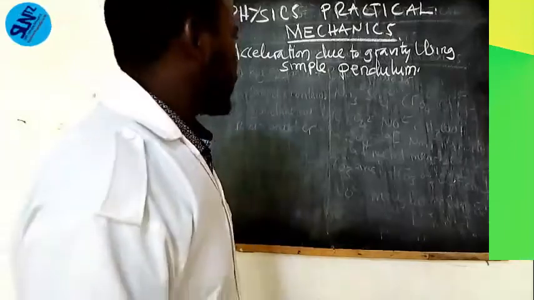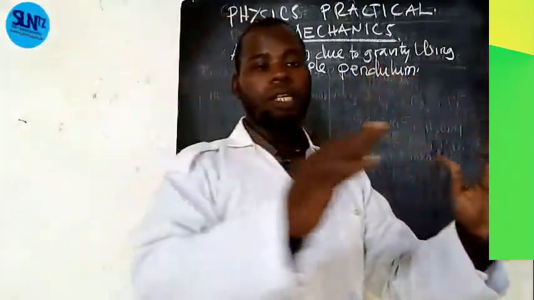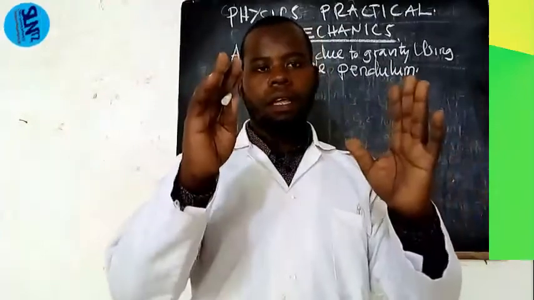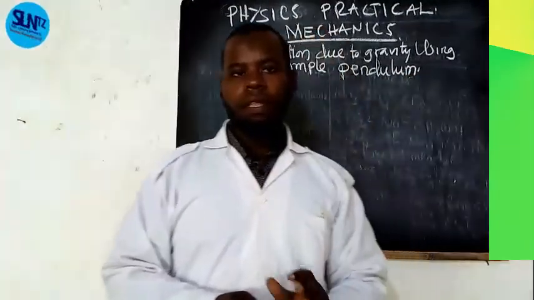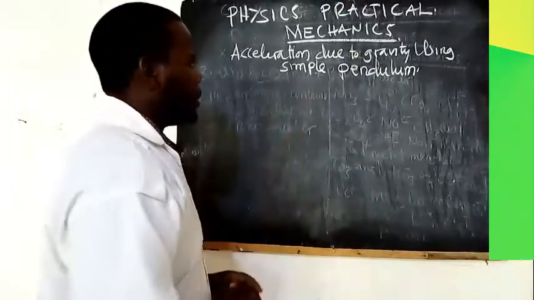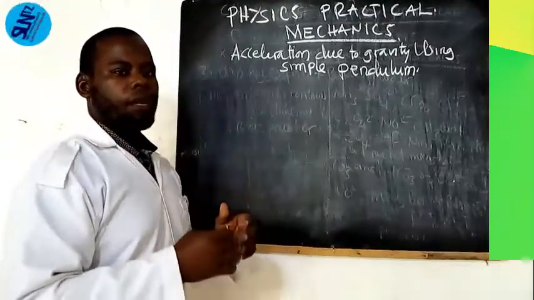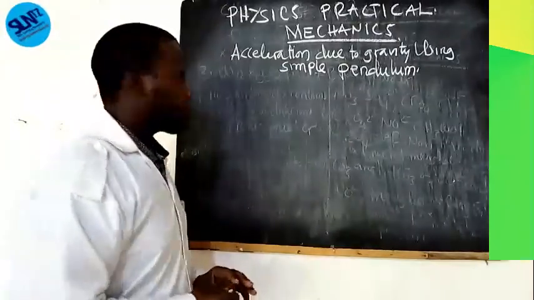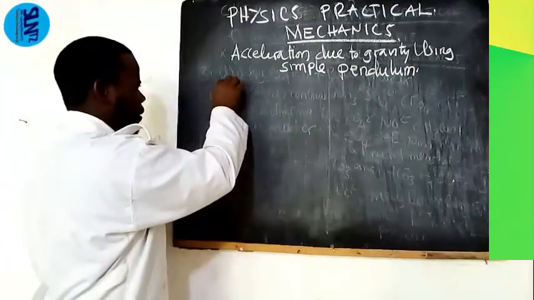So by starting, I will show you how to make a relationship from the graph with the equation, how to derive the relation, and then you will see there is a different form of the questions. The first, you have fixed the pendulum.